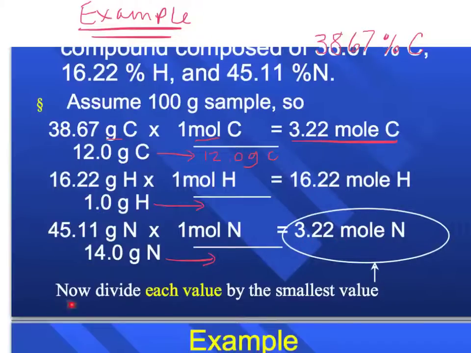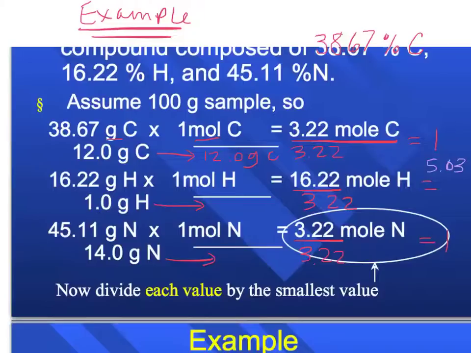So what you want to do is divide each value by the smallest value. If I do this, 3.22 divided by 3.22 equals 1. Of course, the other 3.22 is also going to equal 1, and then we can also do this with this value here. And this came out with a value that is like 5.03, but that's close enough to 5.